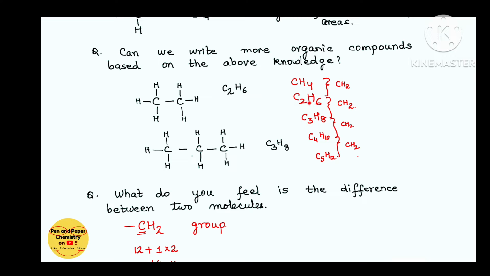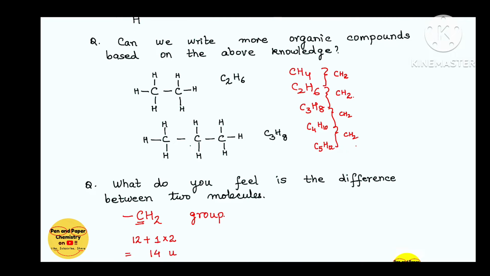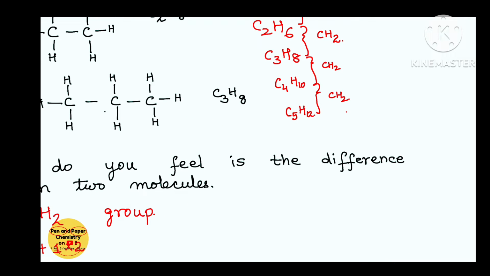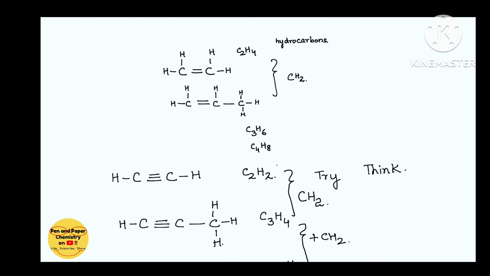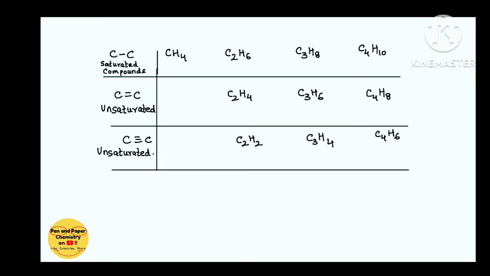Successive means coming one after the other. There is a difference of a CH2 group, and every time we wanted to form a new compound, I just had to add a carbon and two hydrogens to get the next compound in the series. And the same applies for the unsaturated compounds as well.